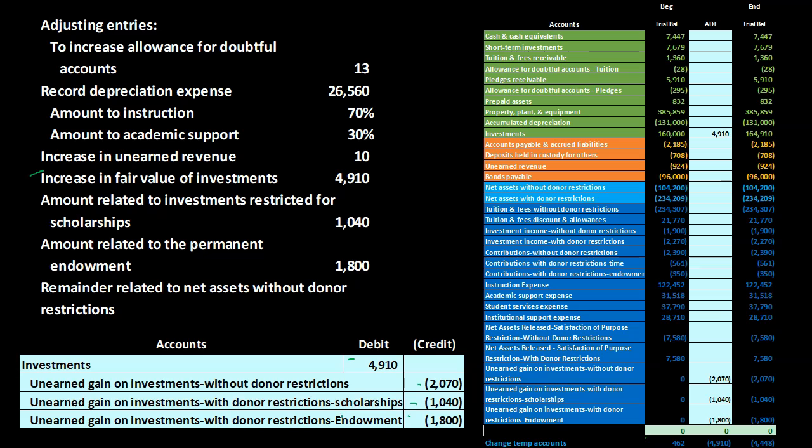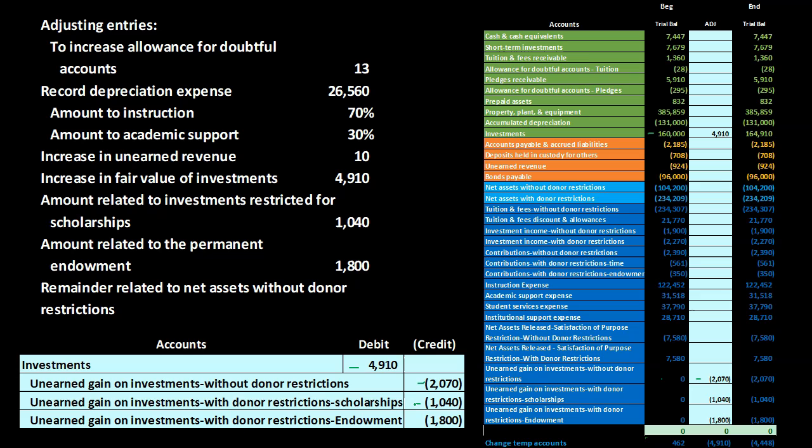Posting this out then, we're going to say that the investments are going to be increasing. So we have investments up top, the $160,000 increasing by the $4,910 to the $164,910. Then we have the unearned gain on investment, going from zero up by 2,070 to 2,070.